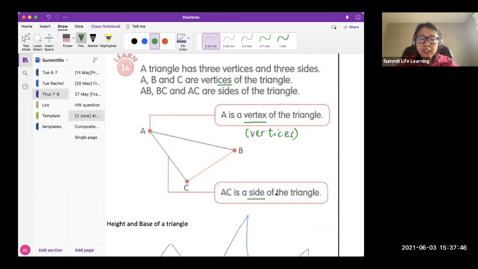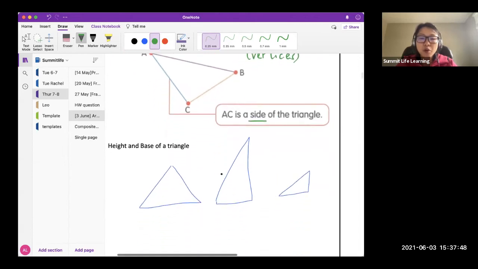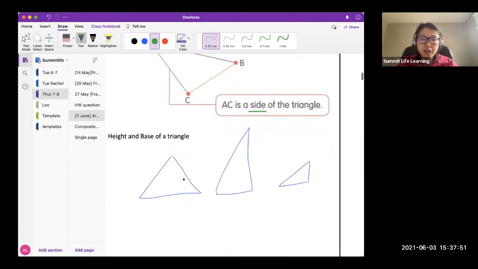Now, for finding the area of the triangle, we need some information from the triangle. Later on, we will find the height and the base of the triangle. When you look at these 3 triangles, do you think that some are taller and some are shorter? Whether it is taller or shorter, we talk about the height of the triangle.